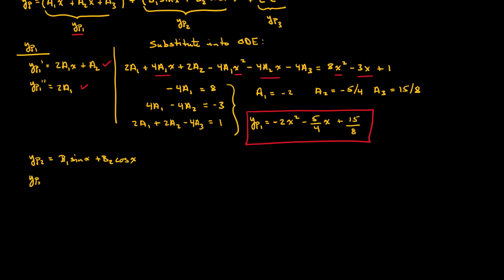So yp2 prime, the first derivative, is equal to b1 cosine of x minus b2 sine of x. The second derivative is equal to minus b1 sine of x minus b2 cosine of x.